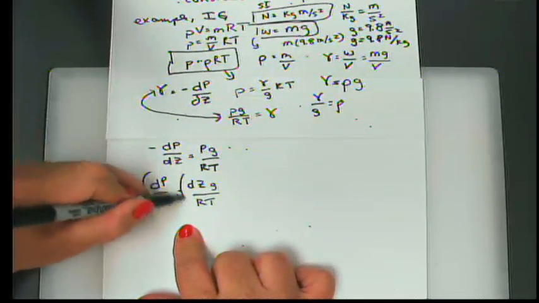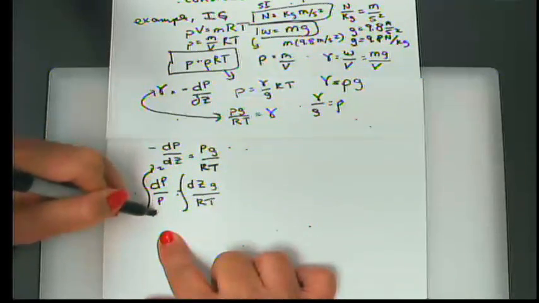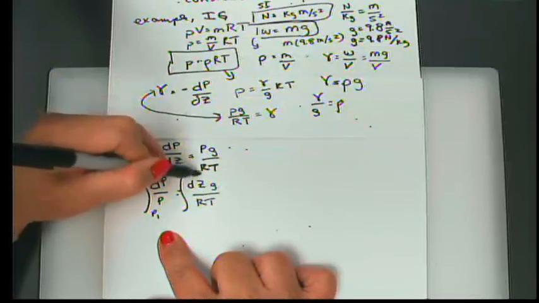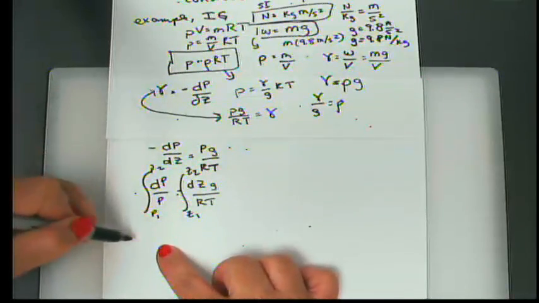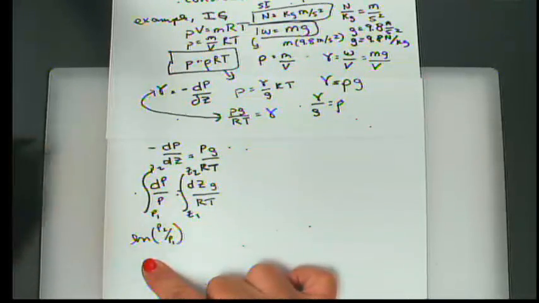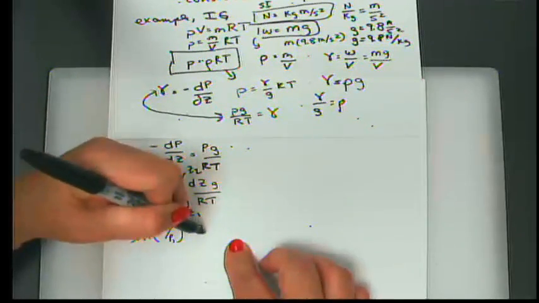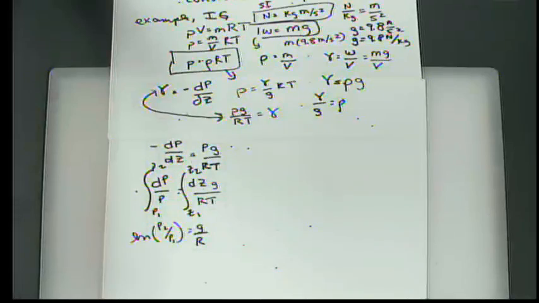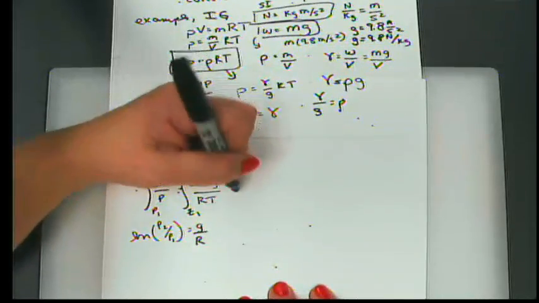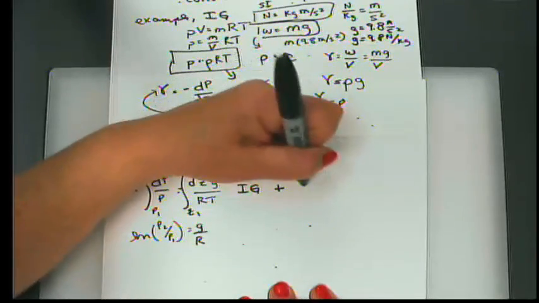And if I integrate both sides from, let's say, P2 to P1 and Z2 to Z1, I then have the natural logarithm of P2 over P1 on the left-hand side. And I can think about what happens here. Well, G is a constant and R is a constant. So then I have inside of my integral dz over T. So maybe I have temperature as a function of z, but what if, in addition to ideal gas behavior, what if it's also isothermal?